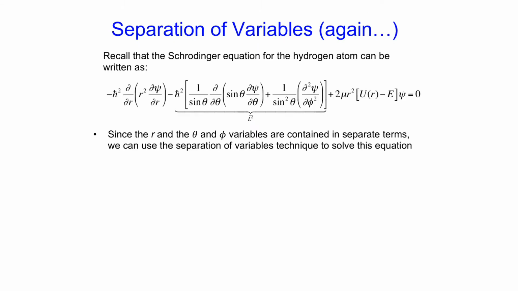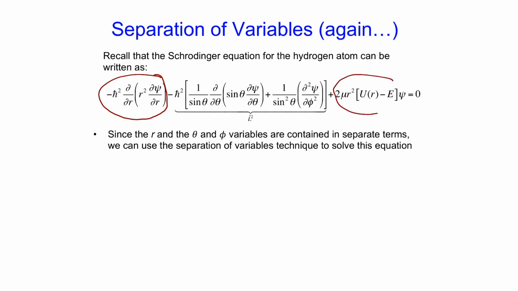Okay, so going back to our Schrodinger equation for the hydrogen atom, hopefully this looks familiar, this giant equation we have seen before. Just taking this apart a little bit, we can see that we have terms that contain only the r component. So that term is just in terms of r.